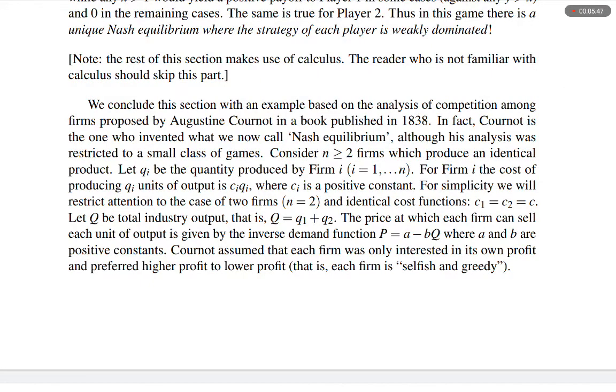The same is true for player 2. Thus, in this game, there is a unique Nash equilibrium where the strategy of each player is weakly dominated.